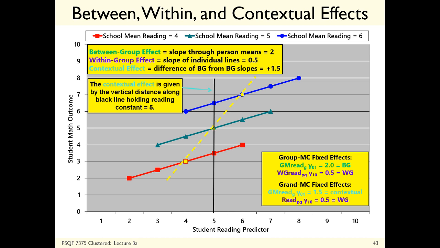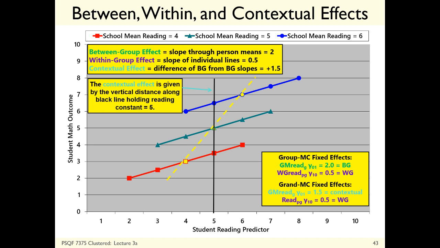The other way to think about this contextual effect is, if going to a school with more reading didn't matter after controlling for your own reading, all of these things would be flat on top of each other. There would just be one slope going through the data, like red and green and blue would all overlap. That's what it would mean if the between effect and the within effect are the same.